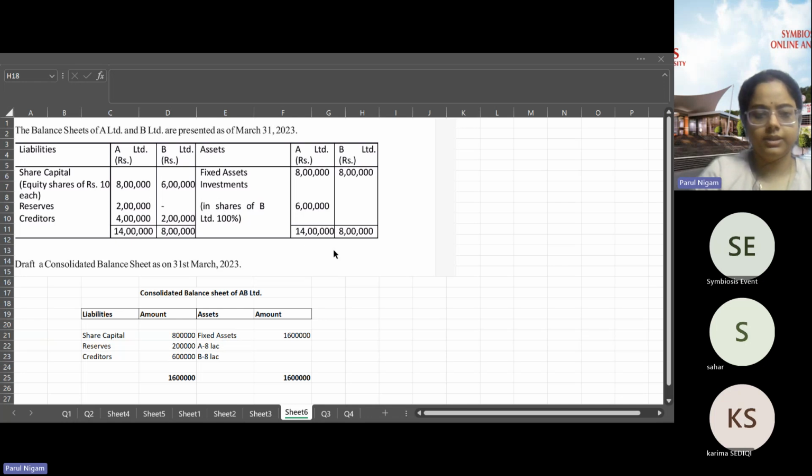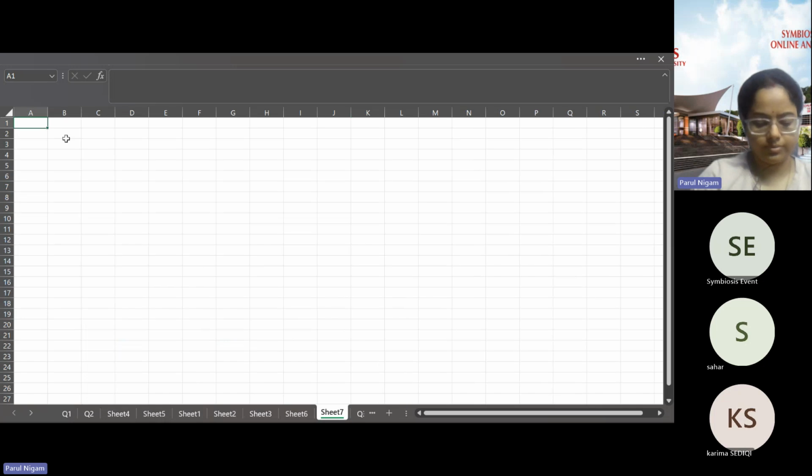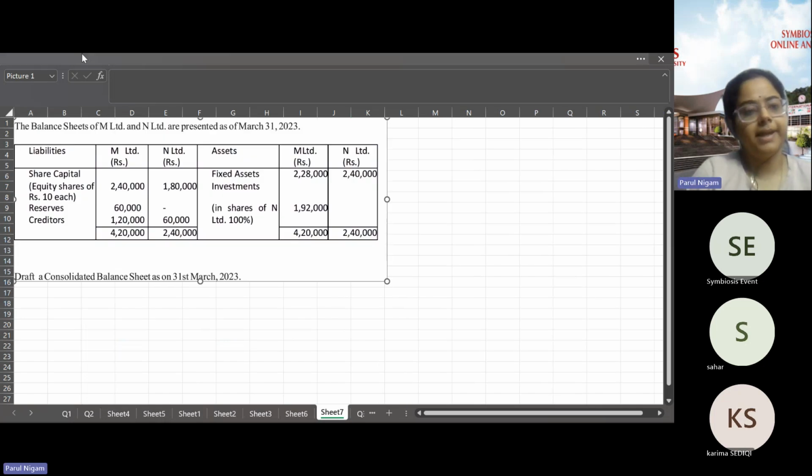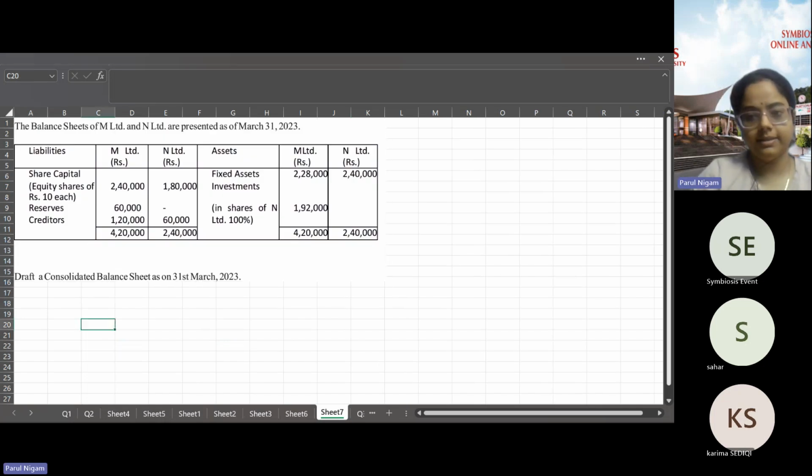Let's solve one more question. The balance sheets of M Limited and N Limited are presented as of March 31st, 23. You can see fixed assets 2.28 lakh for M and 2.4 lakh for N Limited.